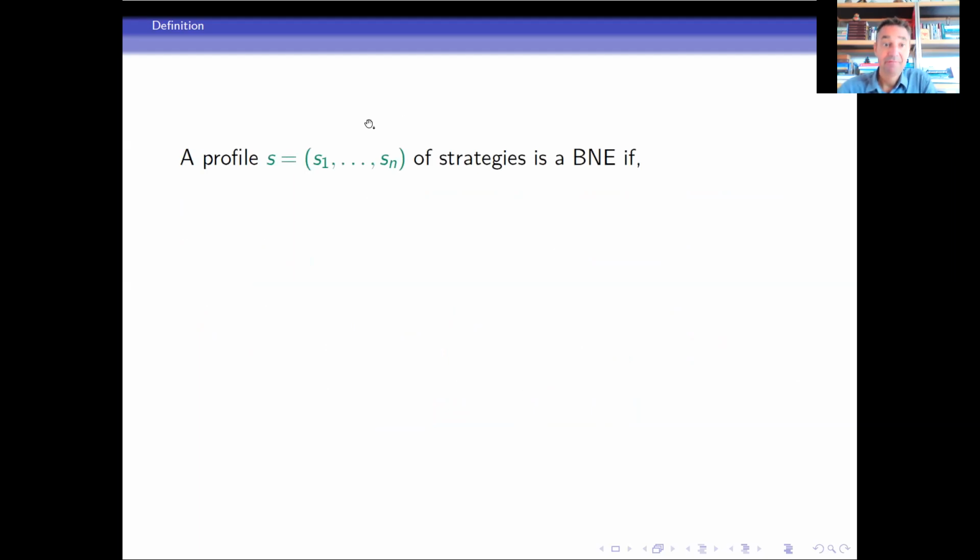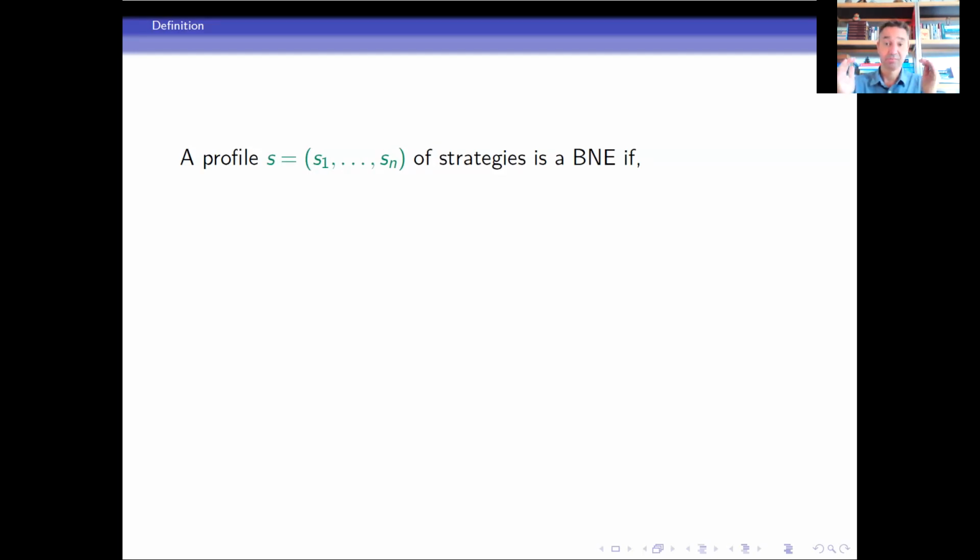Okay, so now we have for each player such a strategy. Then again, you can put those in a vector, a profile. So that is then a strategy profile. And for such an object, we can state whether or not it is a Bayesian Nash equilibrium.